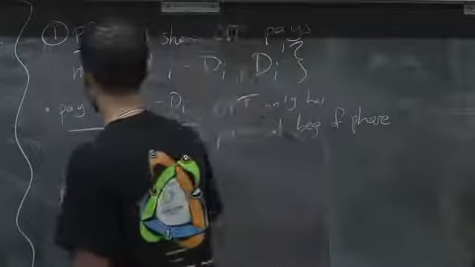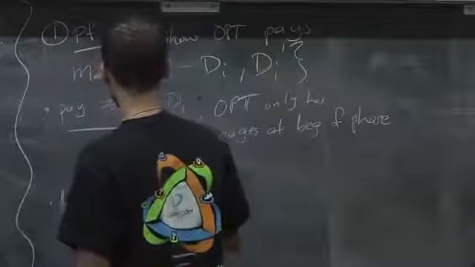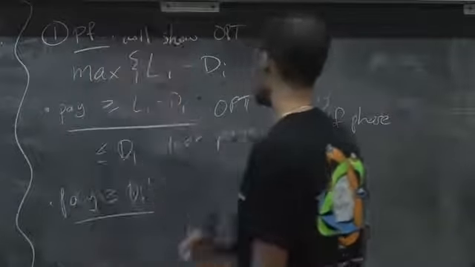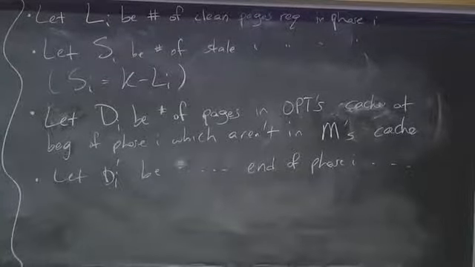And why does OPT pay at least d_i prime? That's also something simple. Okay, so tell me, at the end of a phase, describe to me, what are the pages that Mark has in its cache at the end of a phase?